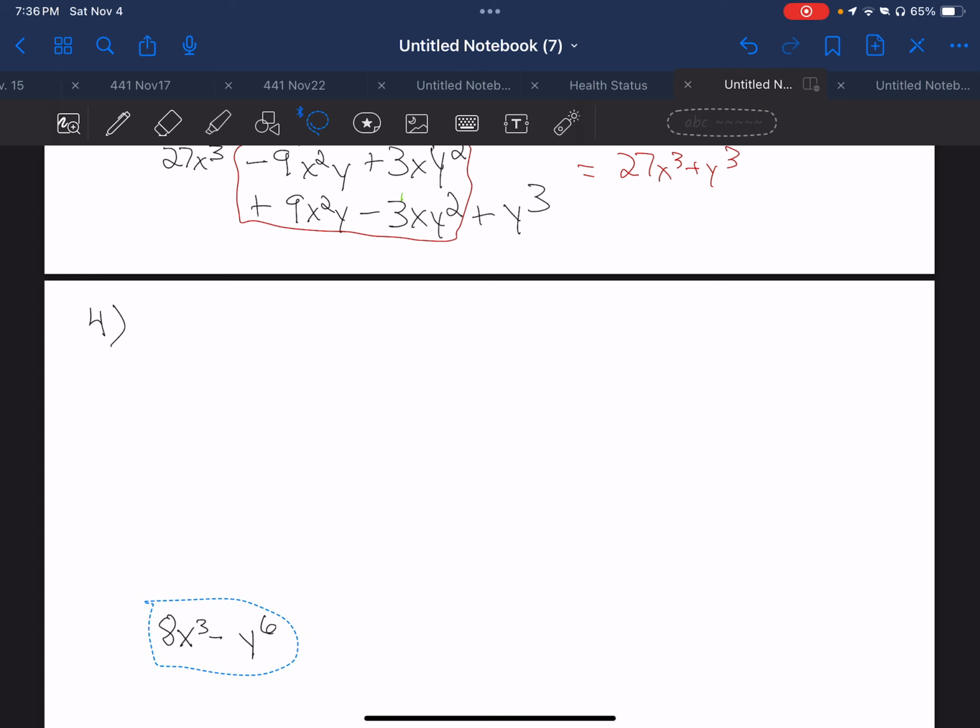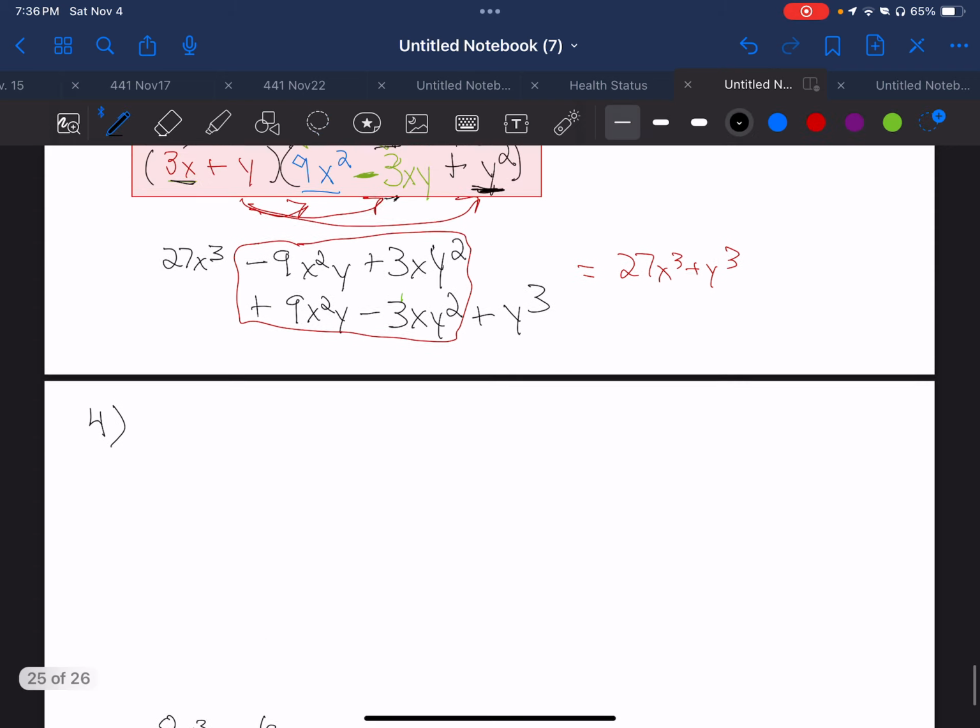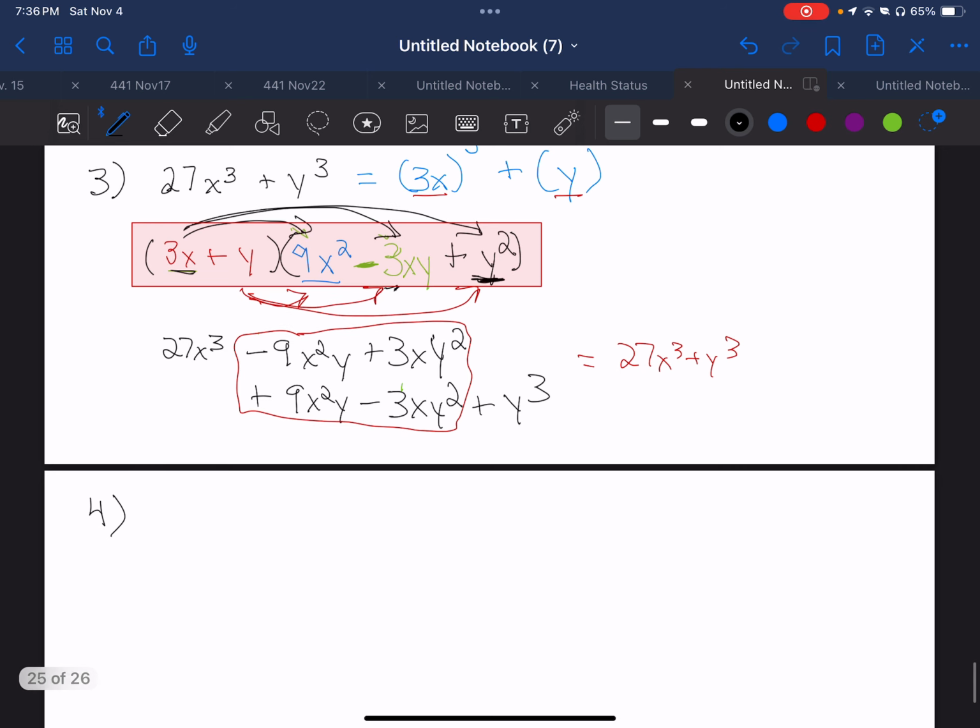Let's pull that out. Let's make up another example. Say we had w cubed plus 64x cubed.